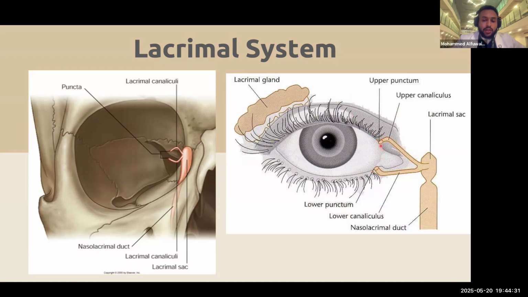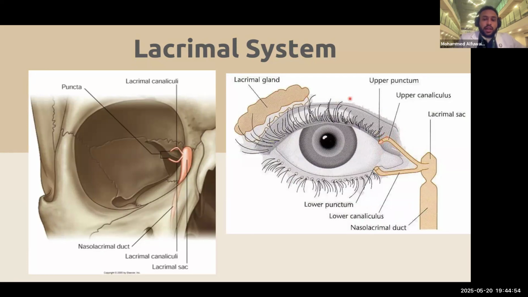It drains into the upper canaliculus and then the lower canaliculus. And this drains into the lacrimal sac, into the nasolacrimal duct, and it will drain into the inferior meatus of the nasal cavity. This whole thing needs to be patent. Patent means open. Because if you have obstruction of any of this or stenosis, this will cause certain pathologies.